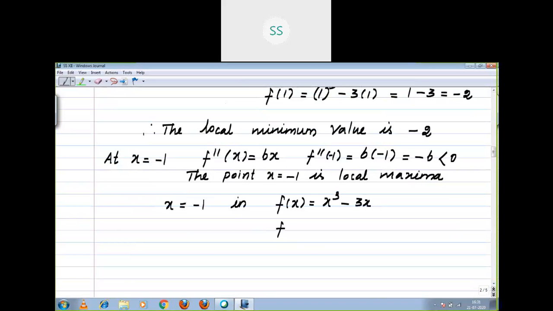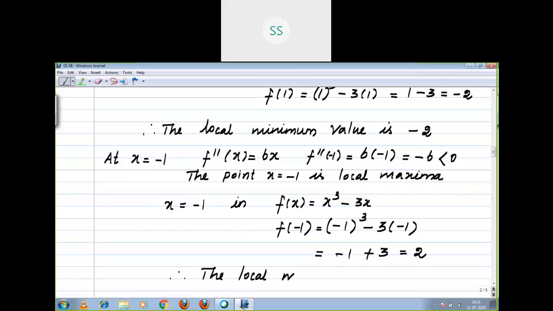Now, f of minus 1 equal to minus 1 the whole power 3 minus 3 into minus 1. Minus 1 to the odd integer power is minus 1, plus 3, which is equal to 2. Therefore, the local maximum value is 2.